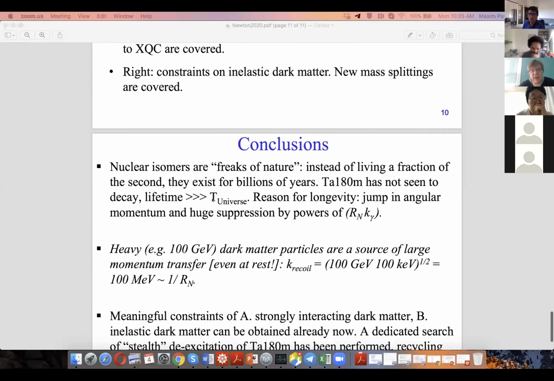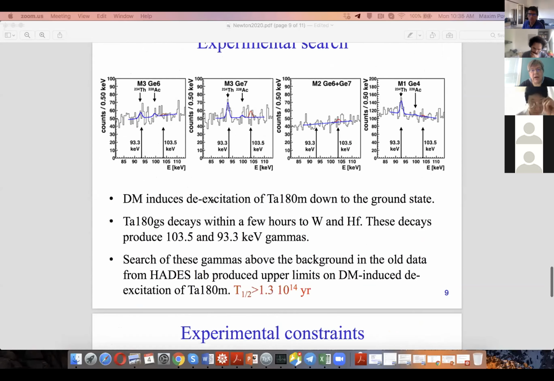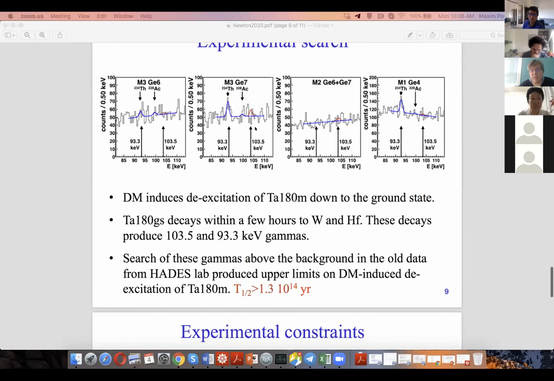So our colleagues, who of course during their main daytime occupation are doing the double neutrinoless beta decay searches, they know how to do that stuff. They've been looking for these extra peaks here in red at 103 and 93.